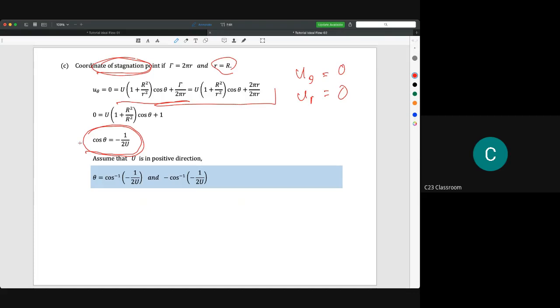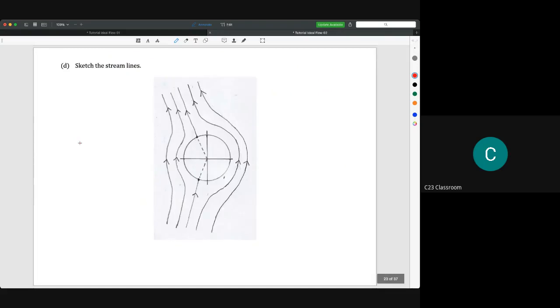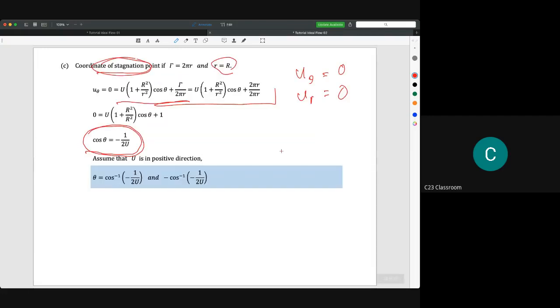From this, we could imagine that the stream function is actually like this. Why? Because if you see this, for example, we just imagine that u is positive. Then you need to calculate the value of negative cos, so you have a negative here.